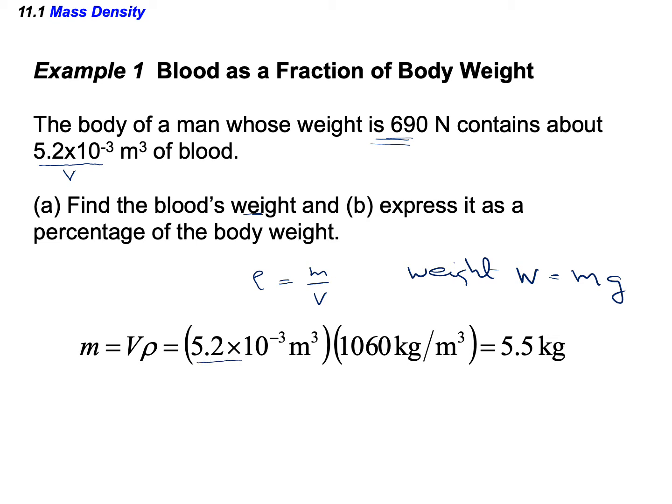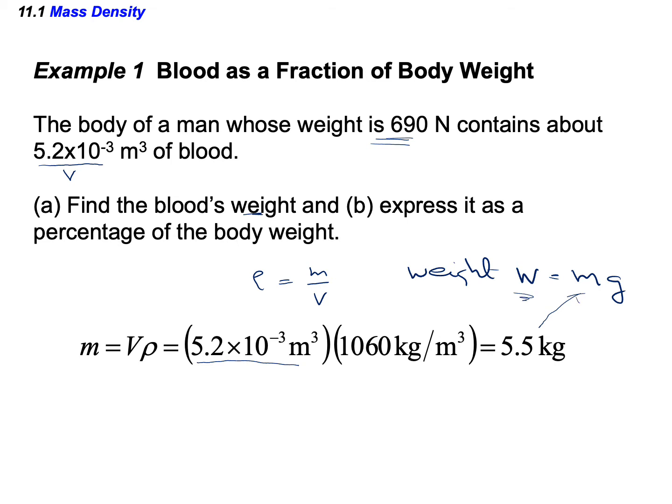Volume is 5.2 times 10 to the negative 3 cubic meters, which is given, and density we can look up from the table I showed you in the previous slide, 1060 kilograms per cubic meter. Therefore the mass of the blood is 5.5 kilograms, and if you multiply mass by gravity, you get weight.